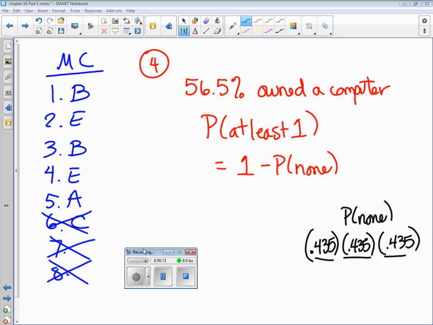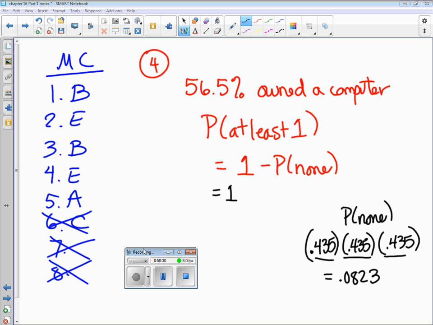So what is that? 0.435 to the third power is 0.0823. That's the probability that none of the 3 households had a computer. I now need to subtract it from 1 to figure out the probability that at least one had it.